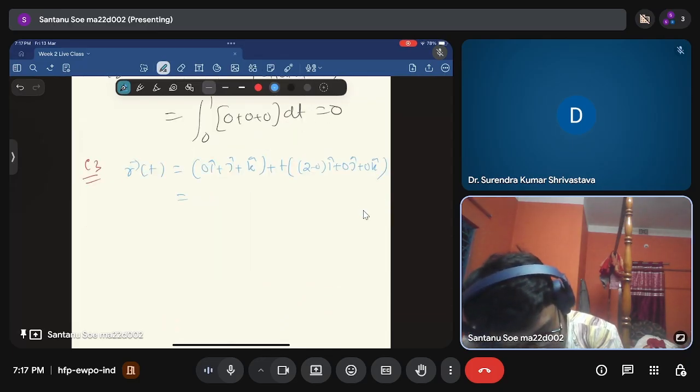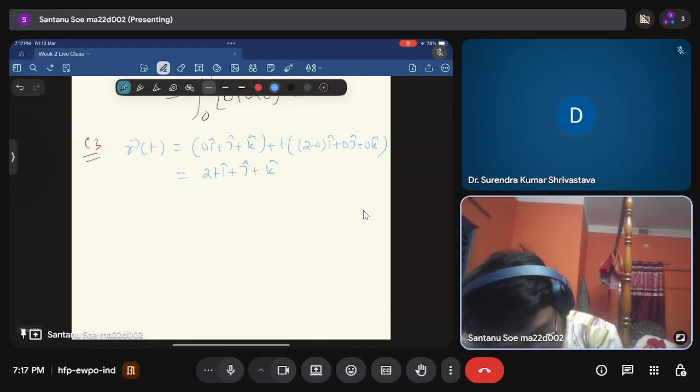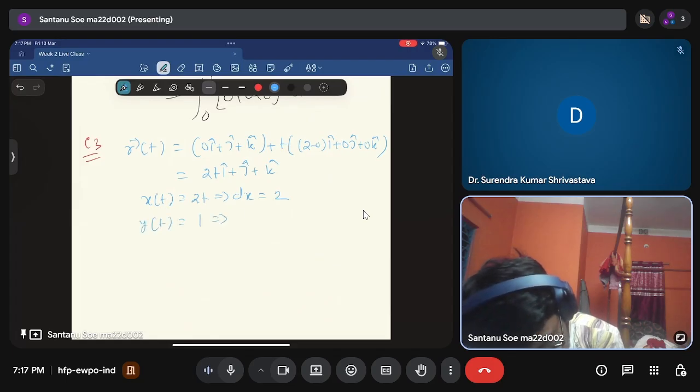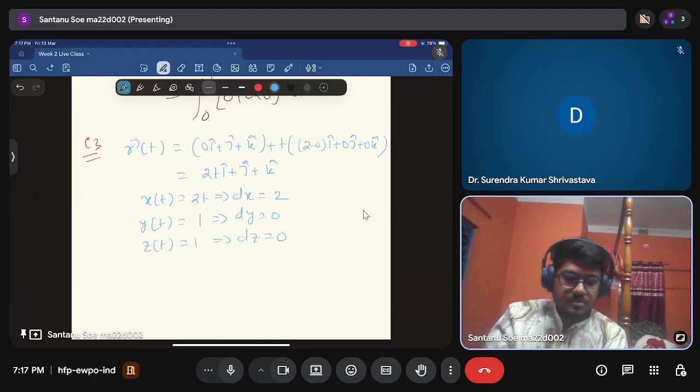So this is just 2t i cap plus j cap plus k cap, right? So here x of t is 2t, implying dx equals 2 dt. y of t is 1, implying dy equals 0. And z of t is 1, implying dz equals 0.